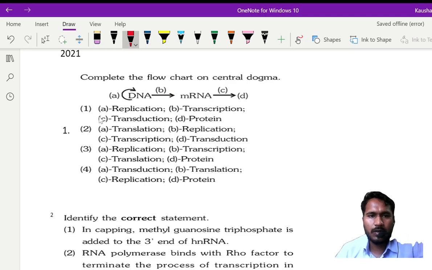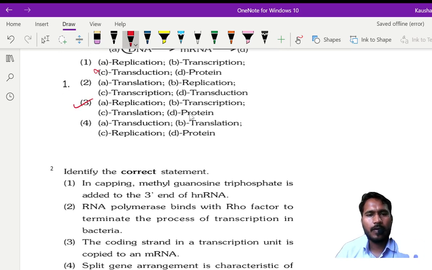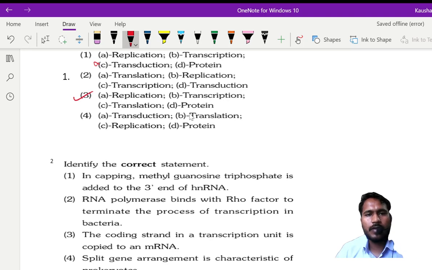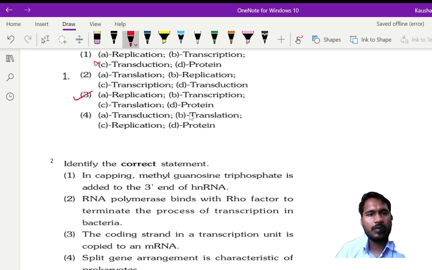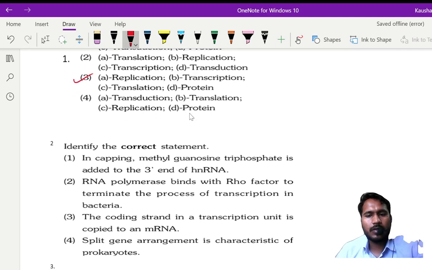No, this is wrong. Replication, transcription, translation, protein. Okay, this is the correct answer. What do you mean by transduction? If you don't know, please comment to me. Whenever bacteria are infected by viruses, that's called transduction.